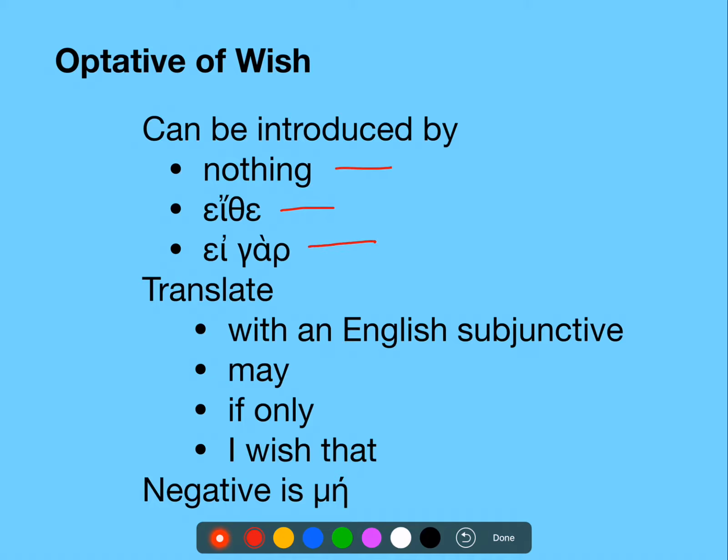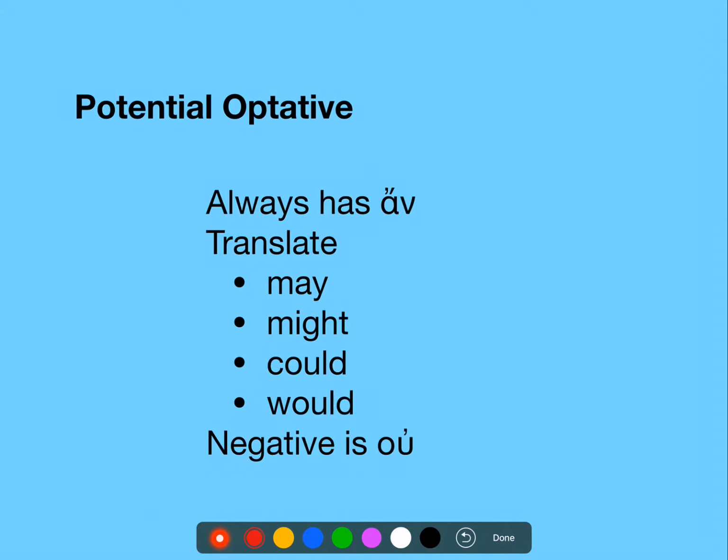We'll see examples in a minute. And we can translate it a bunch of different ways. You can translate it with an English subjunctive, long live the king. Or with may the king live long. Or if only the king would live long, or I wish that the king would live long. And the negative is always me.